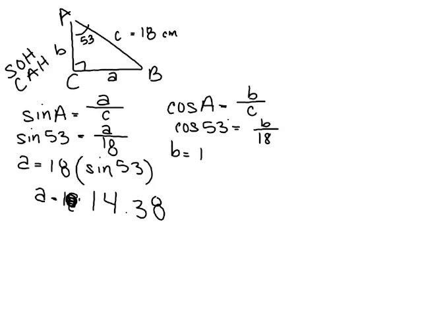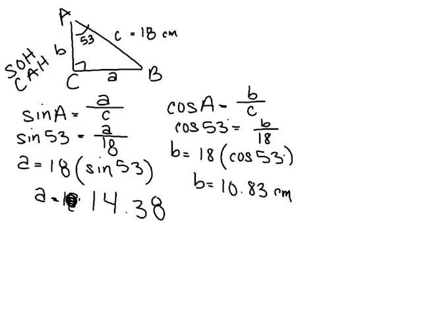So b equals 18 times the cosine of 53 degrees. 53 cosine times 18 equals 10.83 centimeters. So now I have an A length and a B length and a C length.